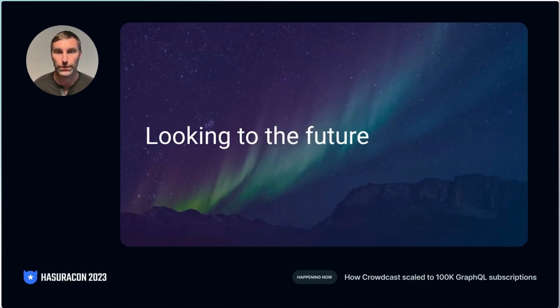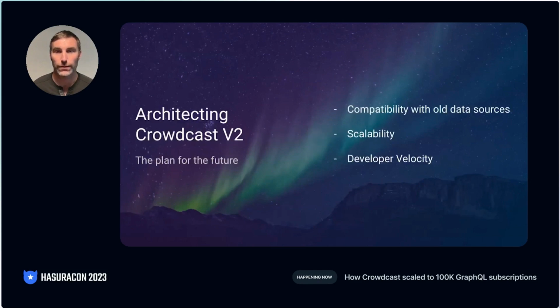And so we had some decisions to make around whether we could make the patchwork a long-term solution, or if we needed to bring up a new fresh stack that could better serve our customer demands. At the end, we decided to build up a new stack called Crowdcast V2 to serve our customers and the demand.